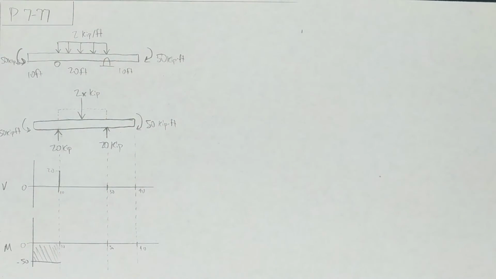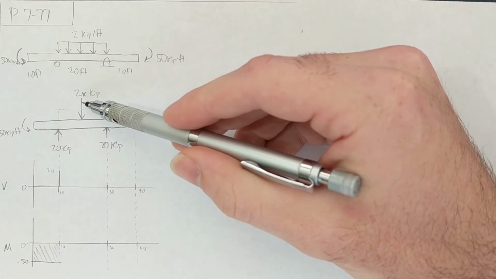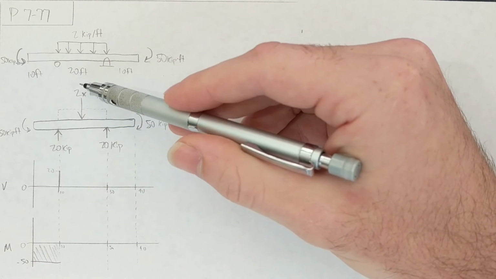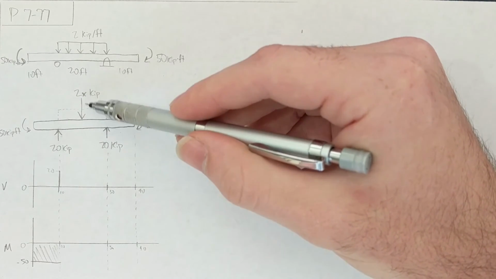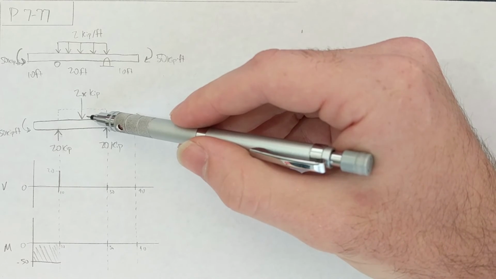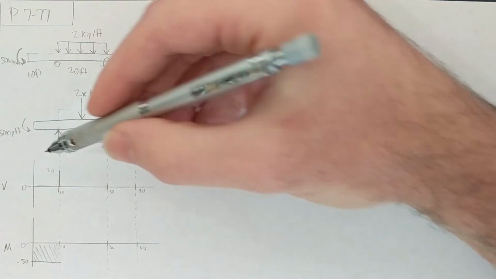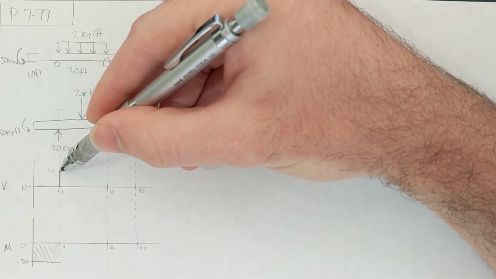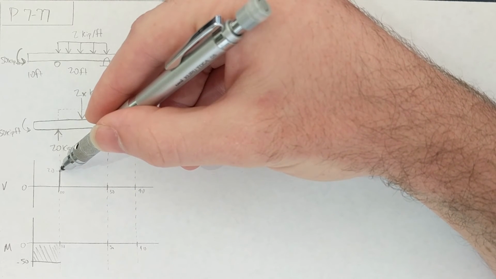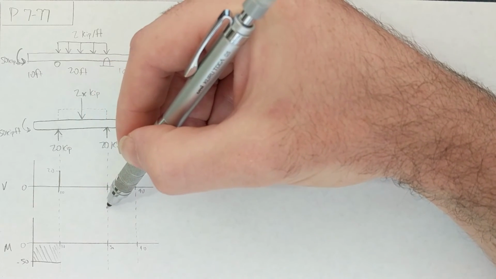All right. So then we have our distributed uniform load that's 2x going down, and so that's basically minus 2x on our graph. So from 10 to 30, that's 20. 2x over 20 means it'll go down 40.